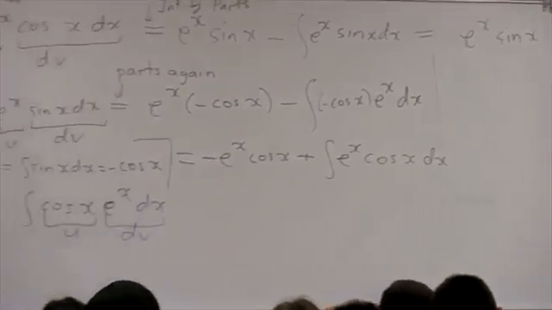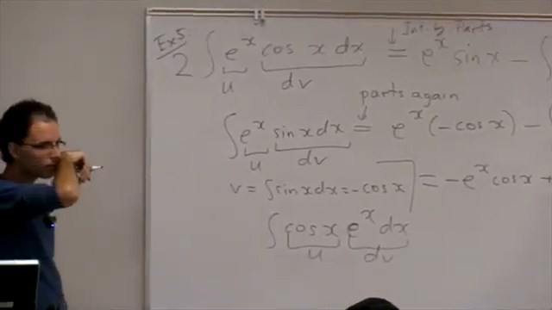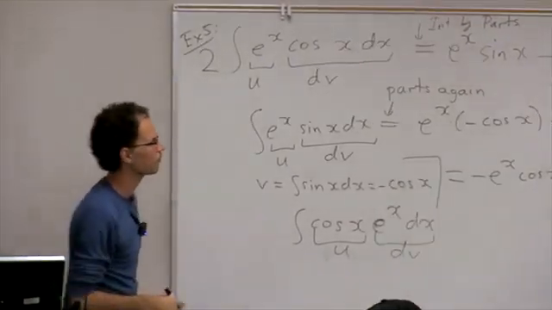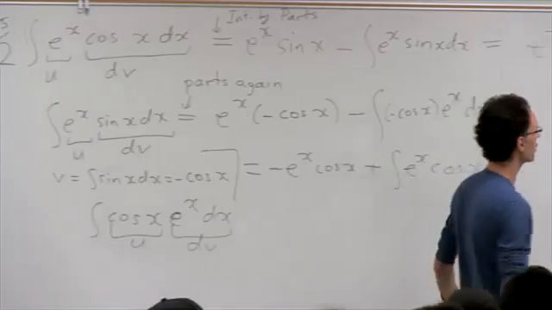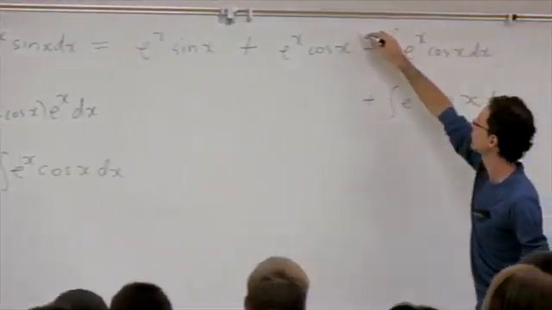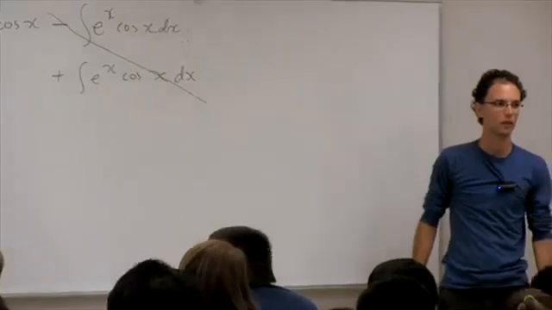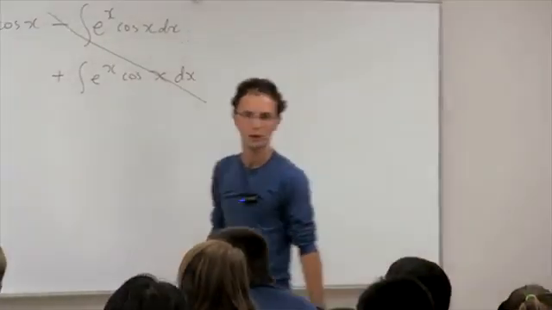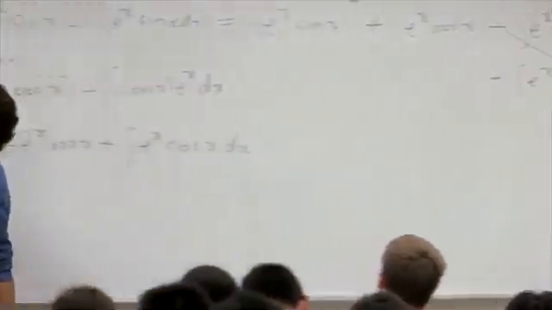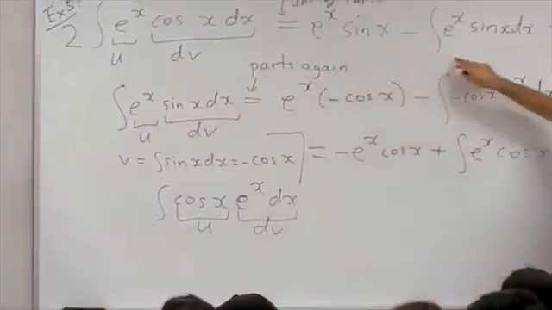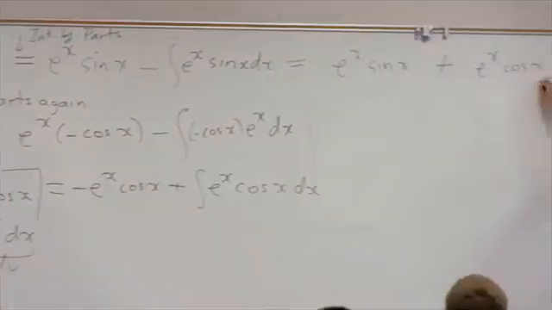We get twice the integral. And look at the magic. Magic is this is 0. And there's your answer. Well, there's twice your answer, right? Twice the integral we started with is this quantity here.